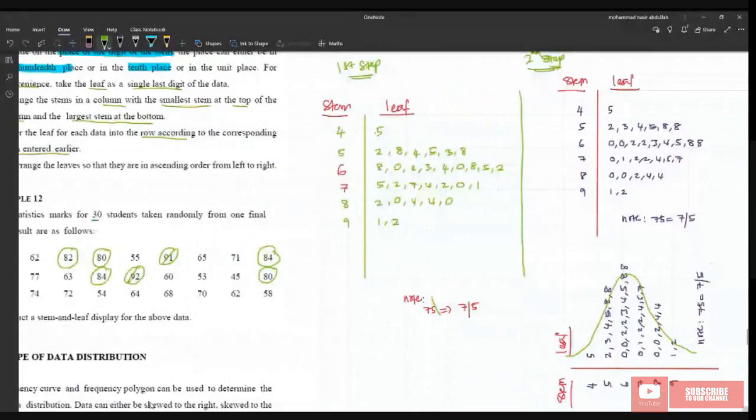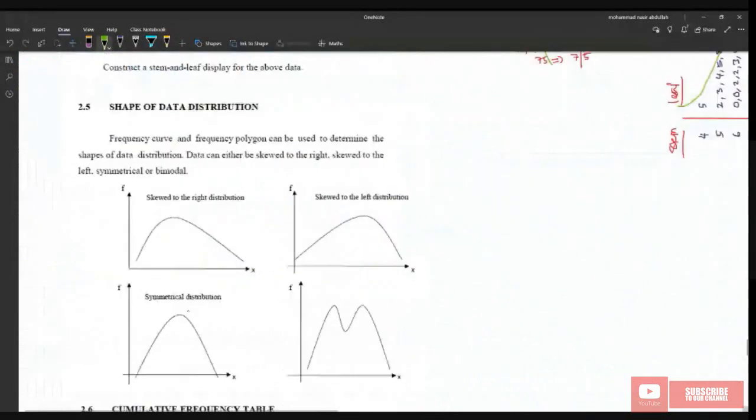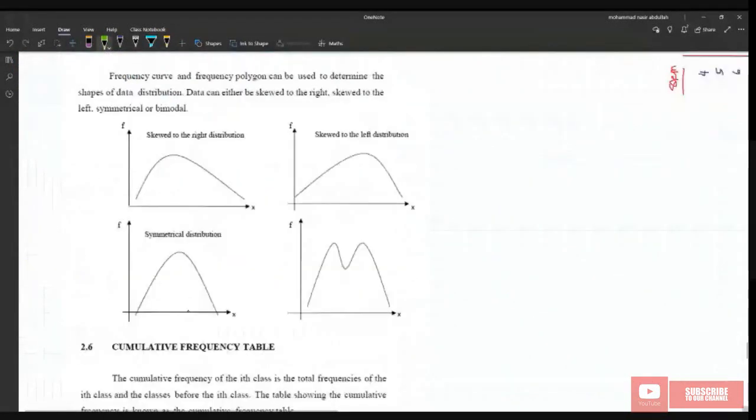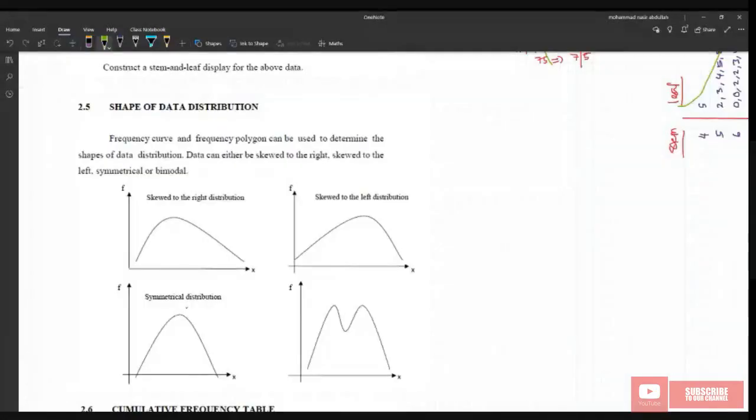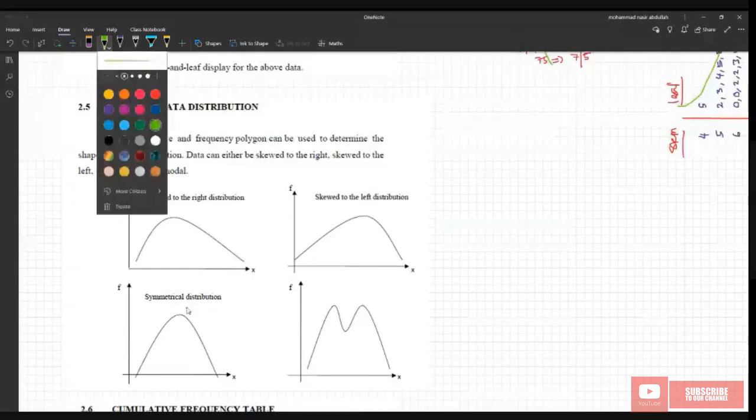So now we look at the shape of data distribution. Our objective is we want to see the shape of data distribution from the stem and leaf. So if you get data that looks like this, the first one will look like this shape, right?